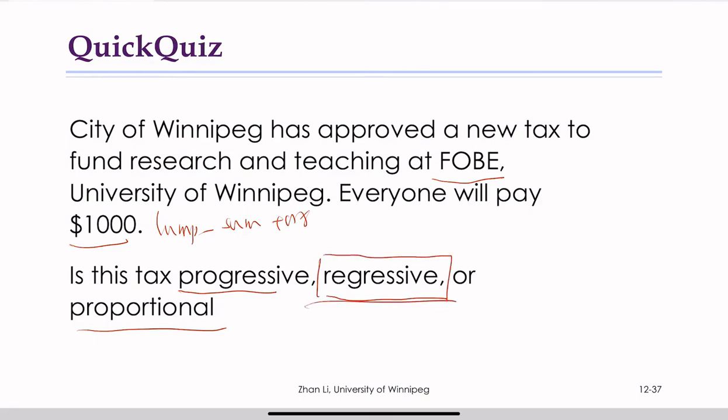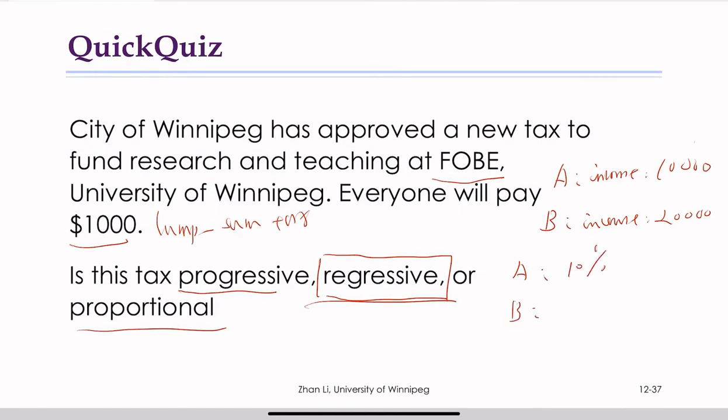The reason is because, think about this. Let's say we have two people, right? Person A has an income of 10,000. And person B has an income of 20,000. So if we look at the average tax rate, for A, it's 1,000 divided by 10,000, so it's 10%.